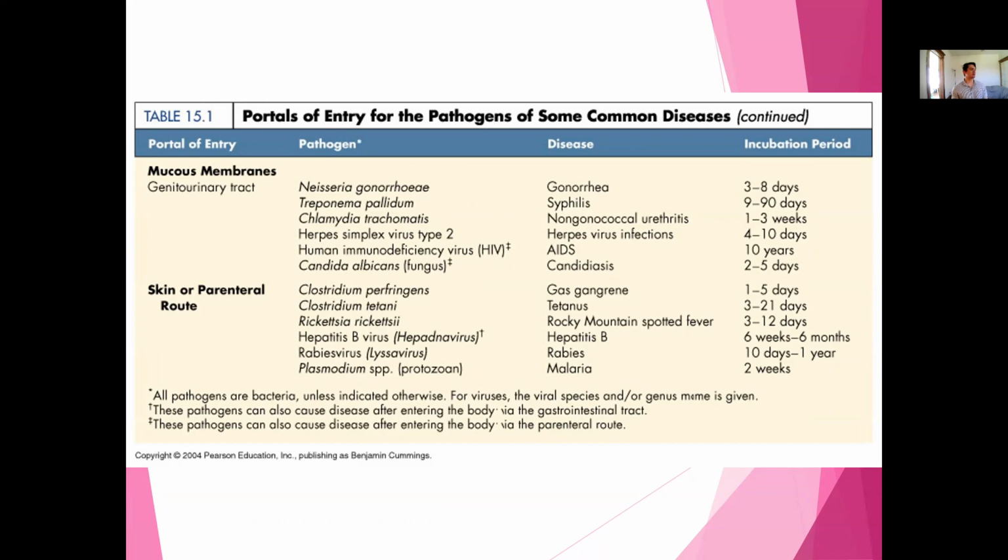Moving on here, we do arrive at the parenteral routes. So again, this is when microorganisms are deposited directly into the tissues beneath the skin or mucous membranes. So again, this needs some form of wound or puncture or swelling or something to occur for this to happen. A very nasty example here is the very first one, which is the disease of gas gangrene, which you shouldn't Google pictures of if you're sensitive to stuff like that.